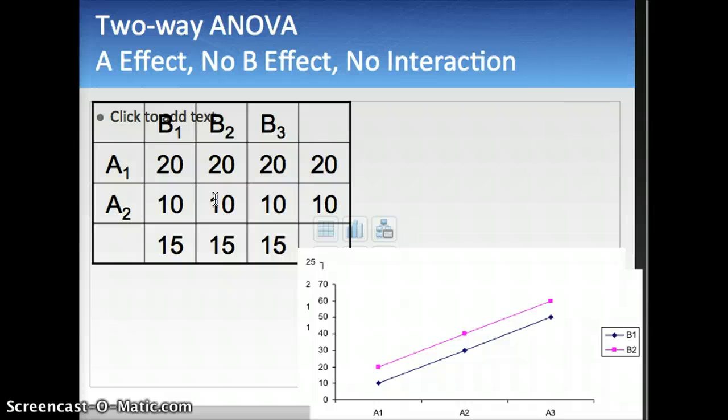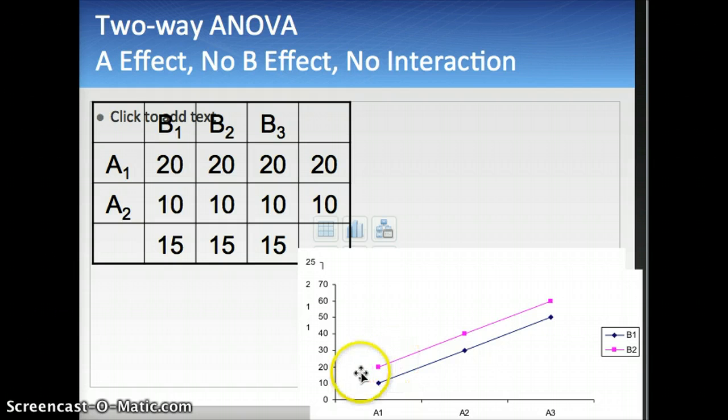The other thing that helps to interpret two-way ANOVAs is when you create a graph. Here, a simplified example where we see the three levels of factor A, then we create a graph with the two levels of factor B. Right?